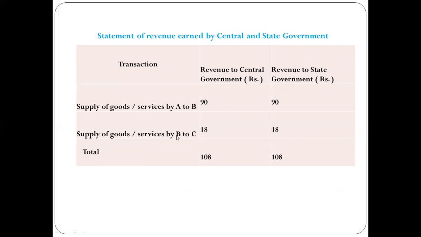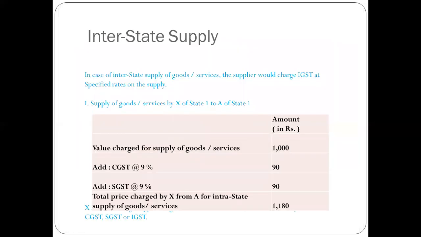Supply of goods or services B to C: revenue to central government 18 rupees and revenue to state government 18 rupees. Both are the same. Total revenue earned by central government is 108, and total revenue earned by state government is 108. Now we will go to another slide, interstate supply.